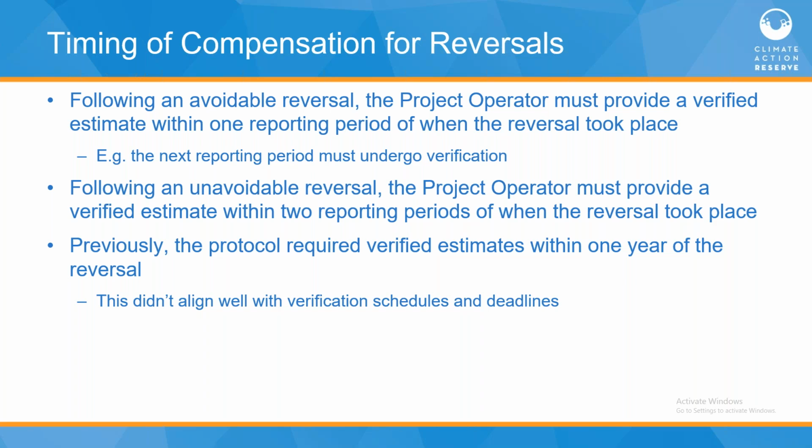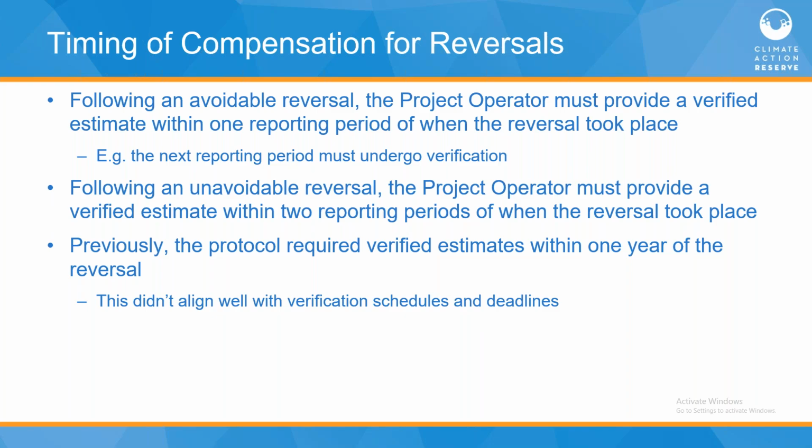If the reversal was unavoidable, which would be something that was due to an act of nature, we would require verification within the next 2 reporting periods to provide a little more flexibility there. Previously, we required that verification of reversals took place within the next year, regardless of the cause of the reversal.